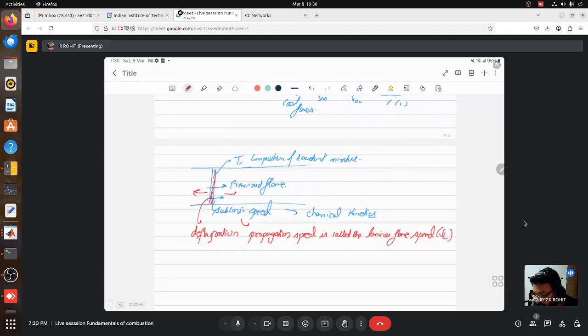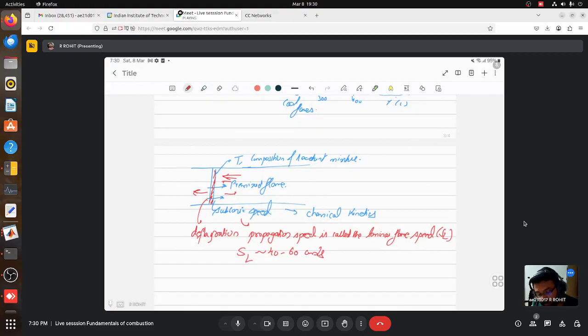For most hydrocarbon-air mixtures under atmospheric conditions, the laminar flame speed is in the range of 40 to 60 cm per second. Laminar flame speed is the speed at which the flame steadily consumes the reactant mixture. Either you can consider the flame propagating, or the speed at which the unburned reactants come towards the flame.